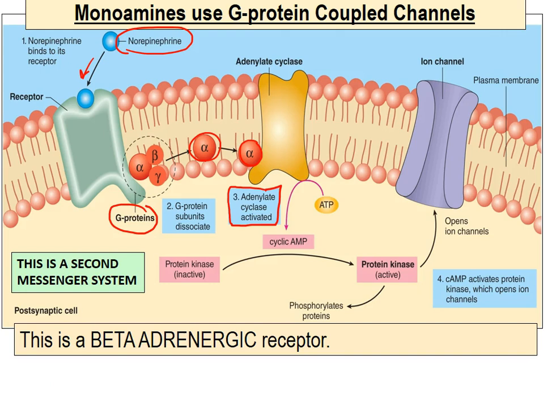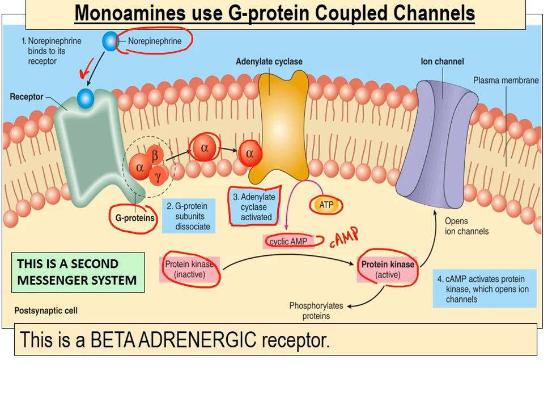Adenylate cyclase is an enzyme that converts ATP to cyclic AMP, and you sometimes see cyclic AMP written as cAMP. Cyclic AMP is then a second messenger, which activates a lot of different enzymes. In this case, an inactive protein kinase becomes an active protein kinase.